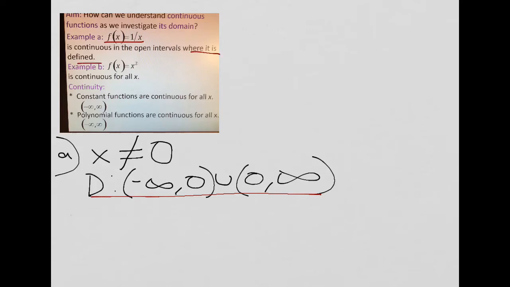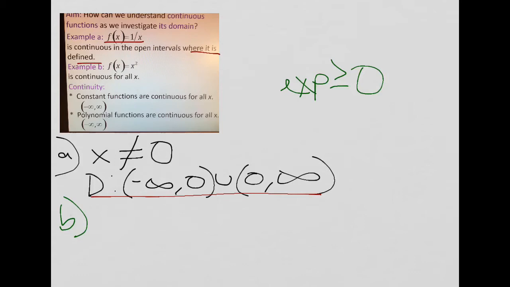Okay. However, in B, it's pretty straightforward. We have a function. There's no denominator. There's no square root. If there was any even root, the expression has to be greater than or equal to 0. All right, we'll go back to that later.